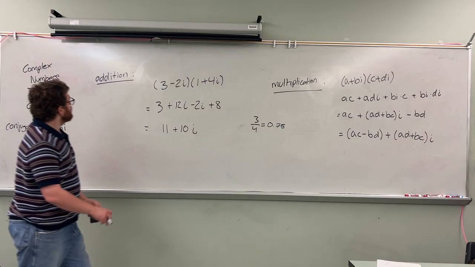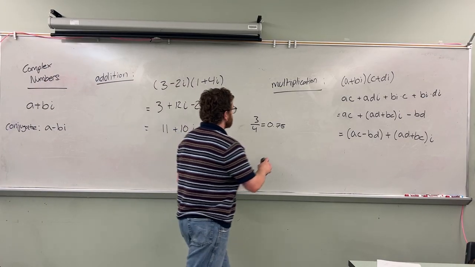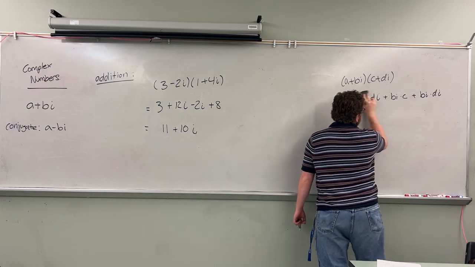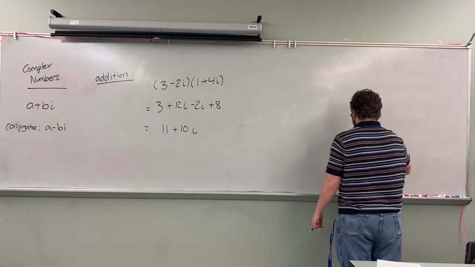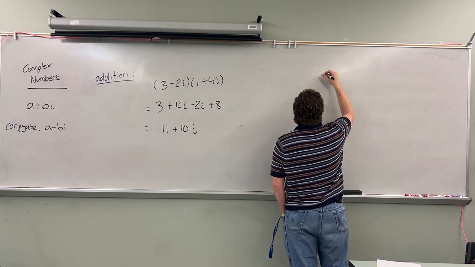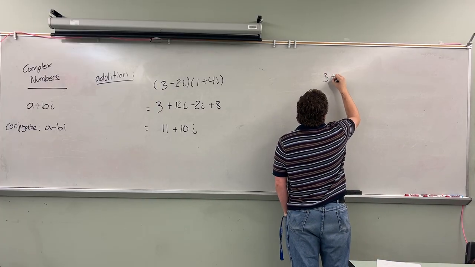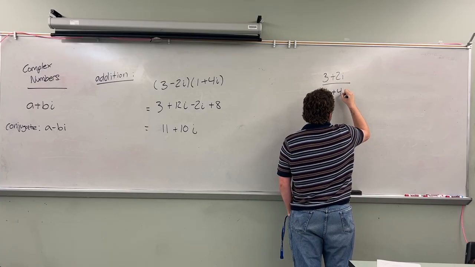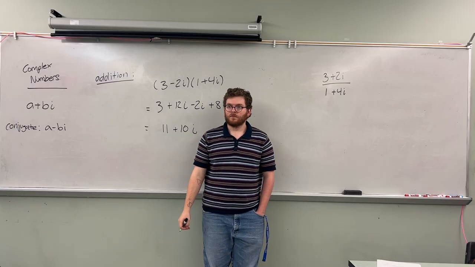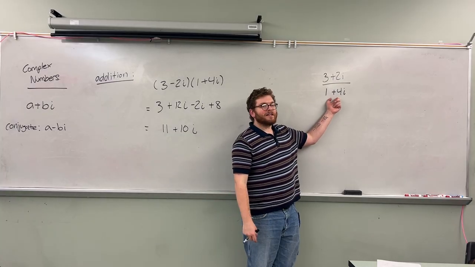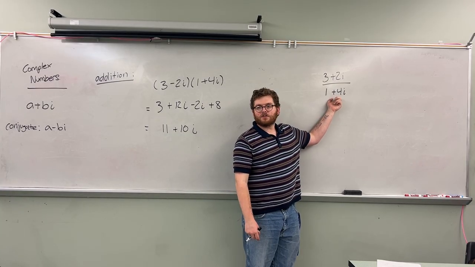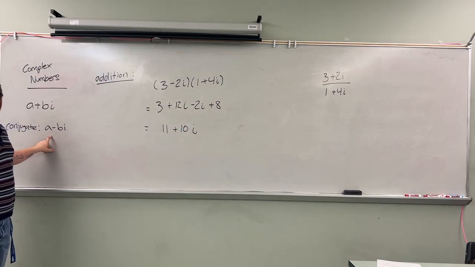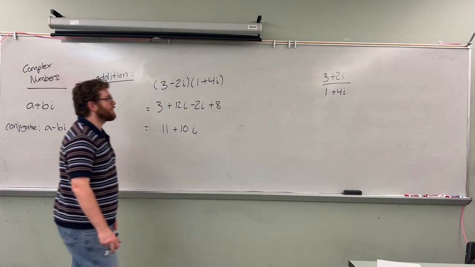So if I go to do a problem with complex division, for example, if I want to do 3 plus 2i divided by 1 plus 4i, I want to try to get this complex stuff out of the denominator, so I'm going to multiply by the denominator's complex conjugate over itself, just like we did with rationalization.